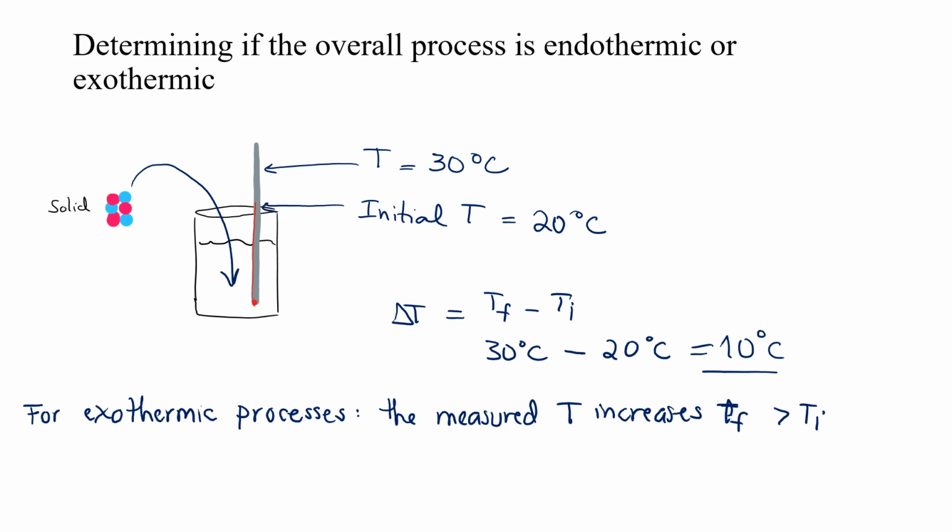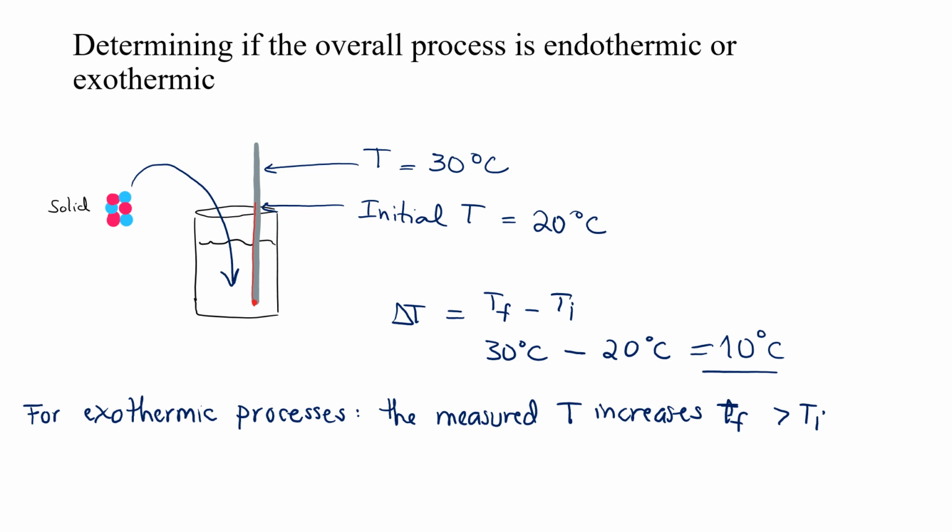So something that is exothermic is releasing more energy when the solute-solvent interactions are being formed than the amount of energy that is required to break apart the solute-solute and solvent-solvent interactions. That's exothermic, just like the numerical example that we did. The difference in your initial and final temperature is going to be a positive number.